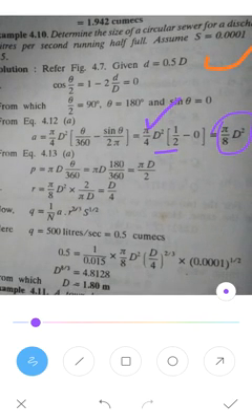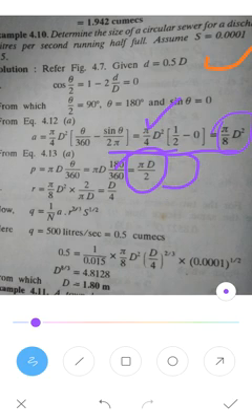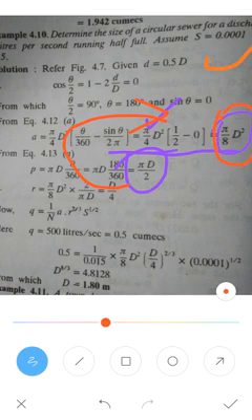So this is divided by the perimeter, and that will go to the numerator. So it will become pi d square divided by 8 as it is, whatever is written here, it stays here only.